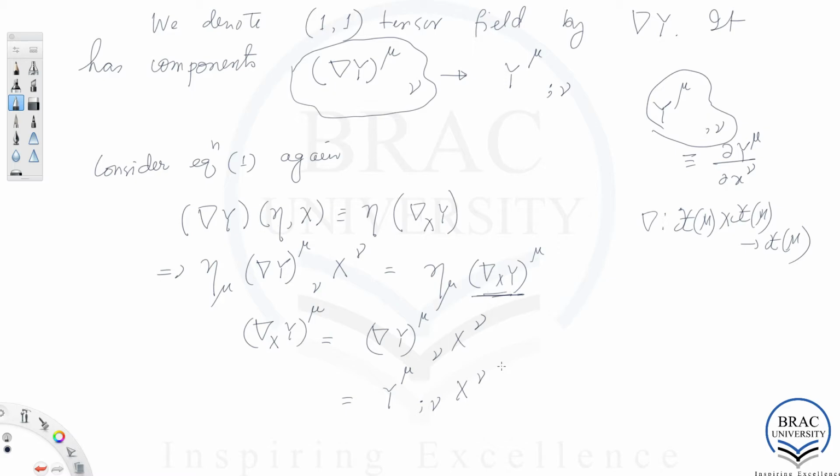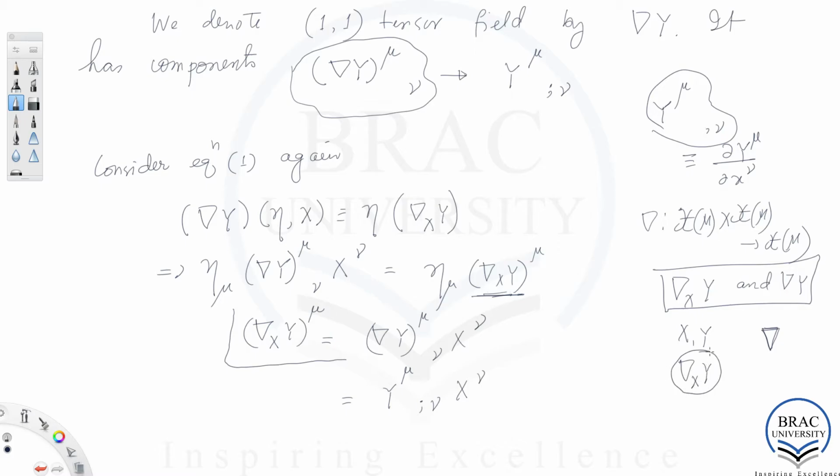So this is the very important relationship between these two objects, nabla x y and nabla y. Remember that given these two vector fields x and y and this map nabla, we can construct two distinct objects. One is nabla x y, which is going to be a vector field, and another object is nabla y, which is a (1,1) tensor field.